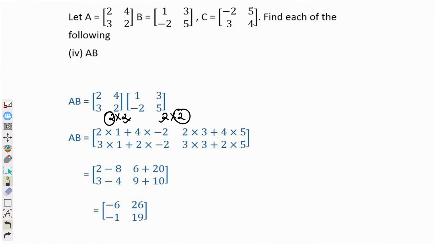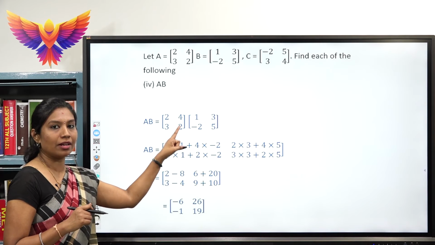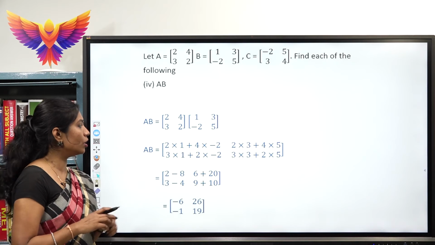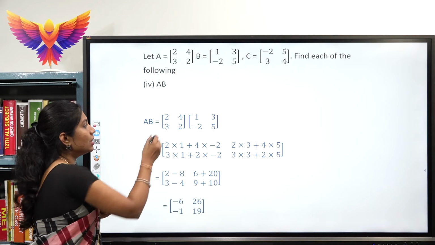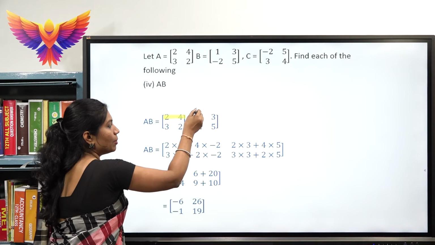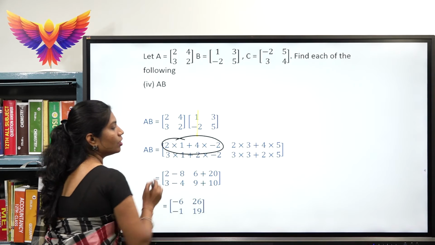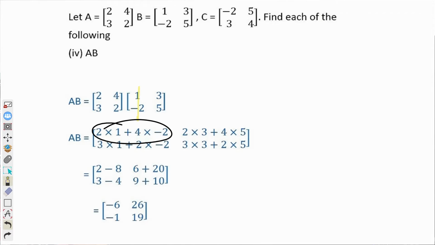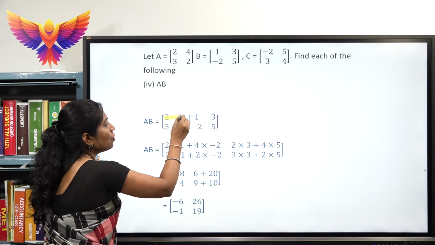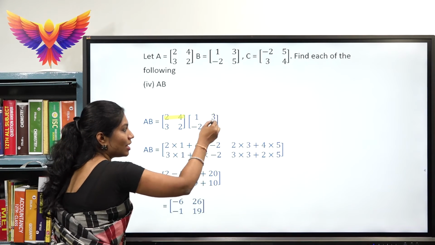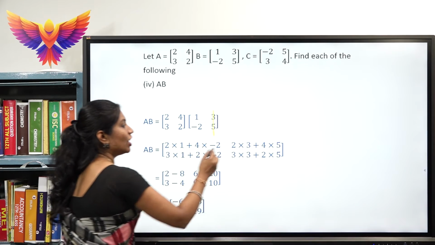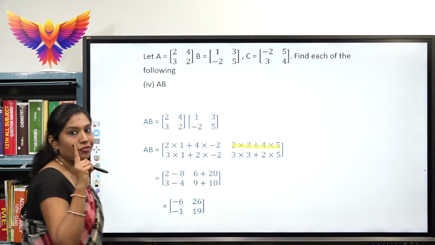When I multiply, the first row is multiplied with the first column, which gives me the first element of the first row. Similarly, the first row is multiplied with the second column, which gives me the second element of the first row.